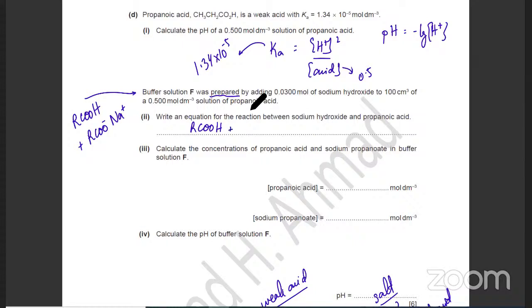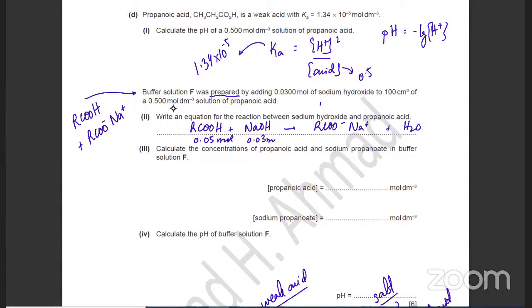So if you react NaOH with propanoic acid, so what happens is you get sodium propanoate और फिर आपका water बनेगा। ठीक है। अच्छा, moles are given. There's 0.03 moles of NaOH, and there is ये कितने moles है? 100 into 0.5 divided by 1000, so that's 0.05.